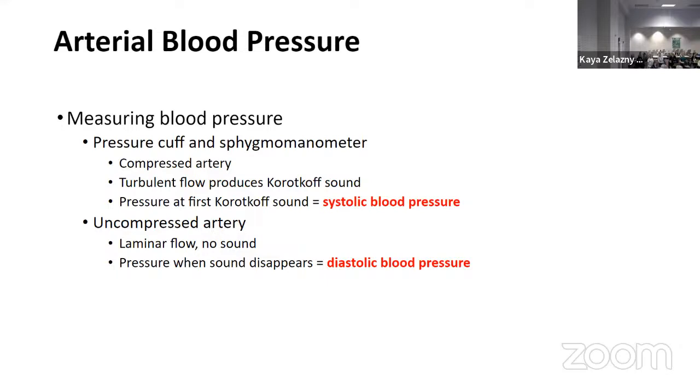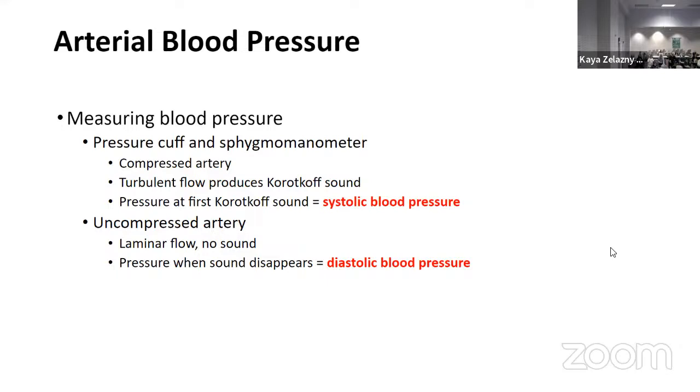So laminar flow, lamina is like a sheet. So we're just thinking about a totally smooth flow of blood. That doesn't make a sound, okay? So what we're listening to after we start to hear sound is when does our sound stop? Because when our sound stops, that means now the blood pressure in that blood vessel is greater than the pressure in the cuff all the time, including at its lowest pressure during diastole. So that's when we would record our second number, our diastolic blood pressure.